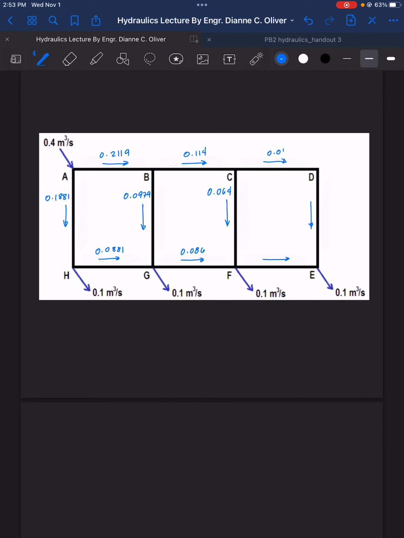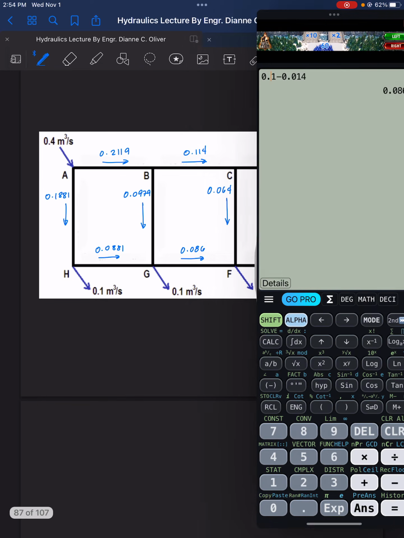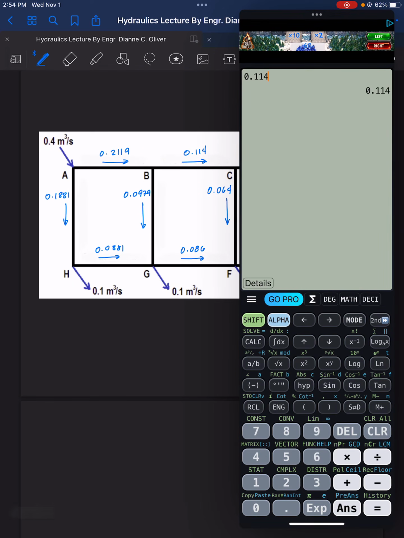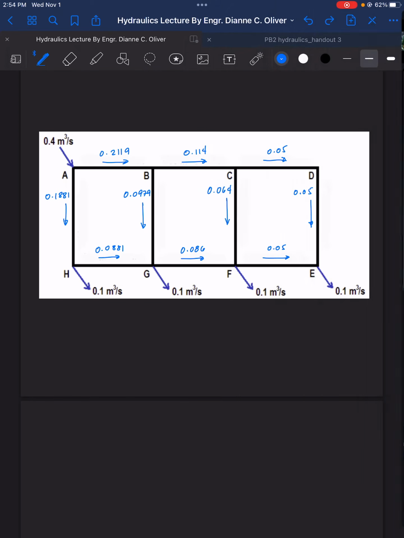CD is 0.05. This is 0.05 and 0.05. For continuity, let's see. If we add this one here, 0.0979 and 0.114, it should equal 0.2119. Okay, so that is correct. So we are preserving the flow as well.